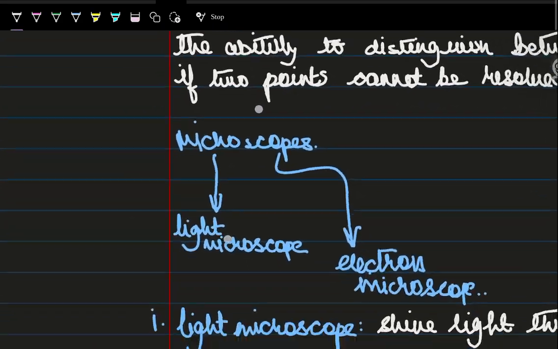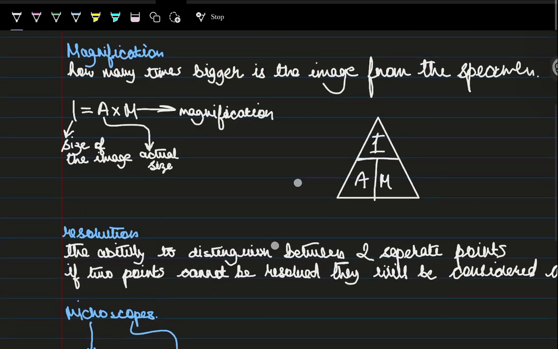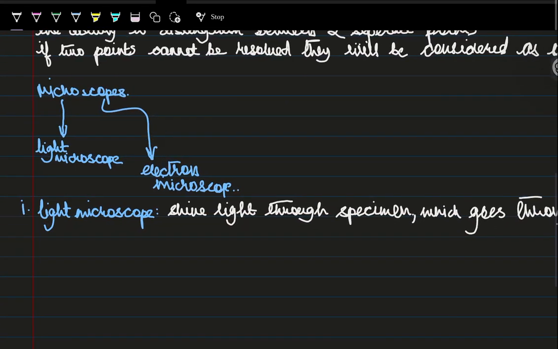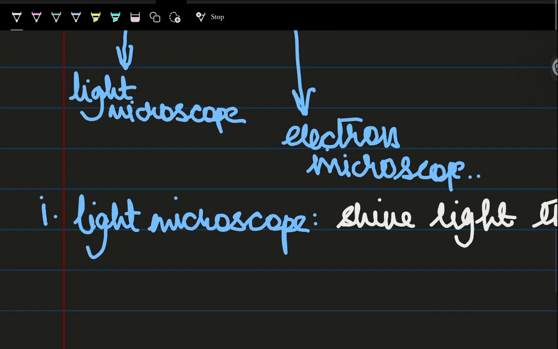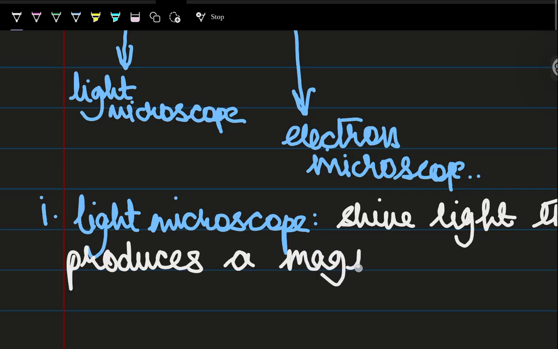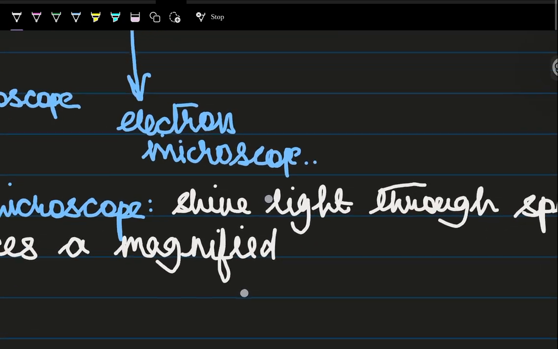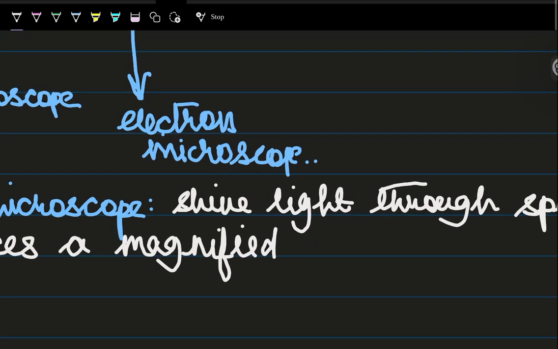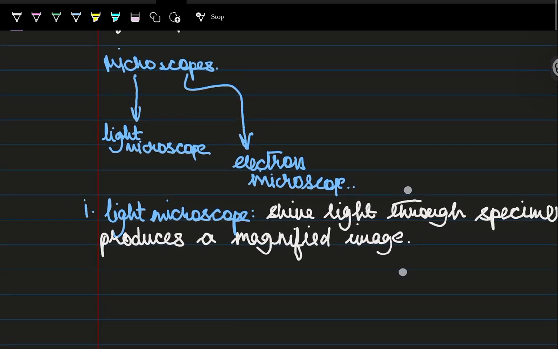Light goes through lens, it refracts, and it produces a magnified image. A combination of lenses is used over here. So just one lens will not do the trick. You have to have many lenses.